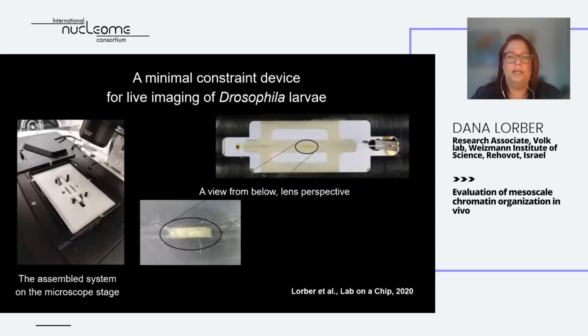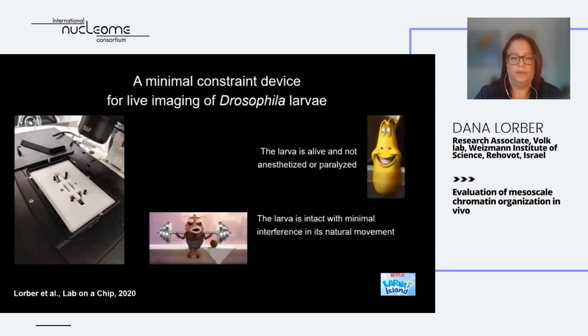Basically, the larva is placed in a narrow groove attached to 2 glass capillaries and wrapped in hydrogel. During the experiments, the larva is alive and not anesthetized or paralyzed, and the larva is intact with no impairments, with minimal interference to its natural movement. Note that all the images and movies you'll see in this presentation were acquired using this device.